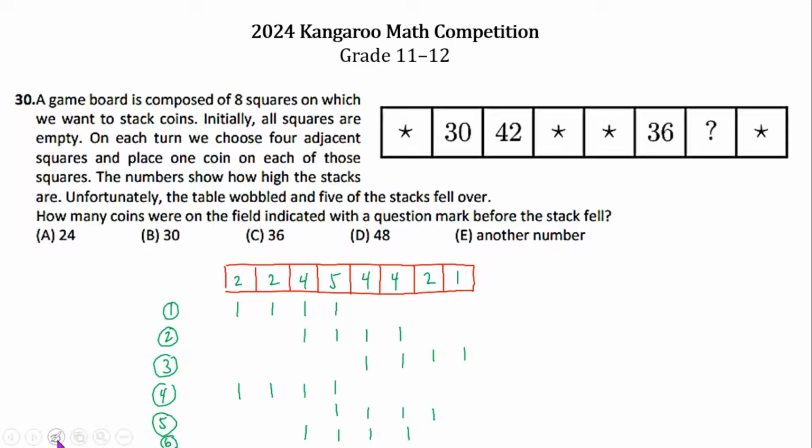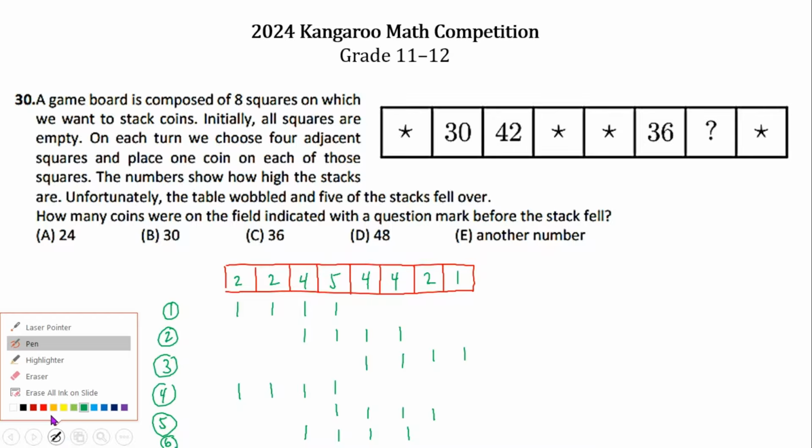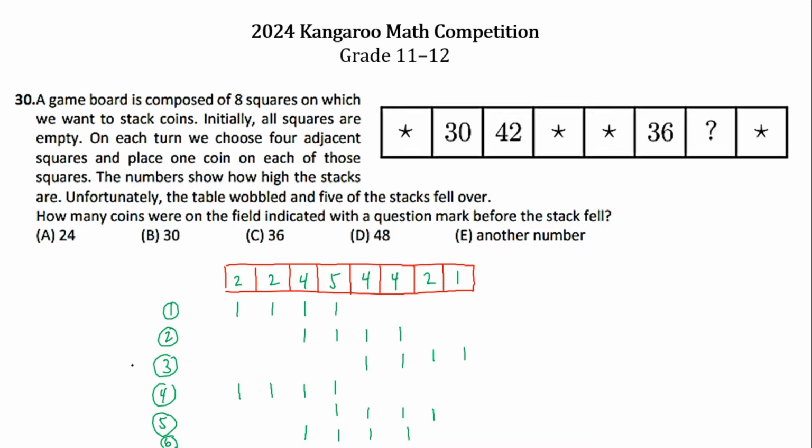Now notice that if we add the alternating coins, for example this one, this one, this one, and this one, that's 2 plus 4 plus 4 plus 2, the result is 12.